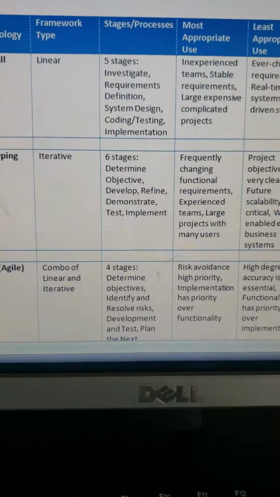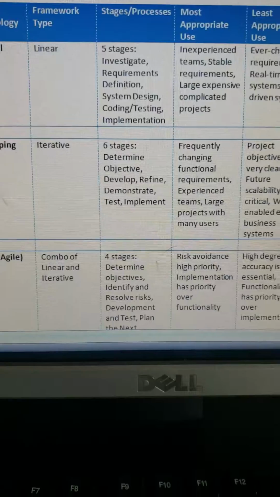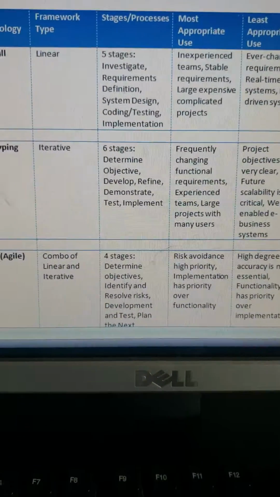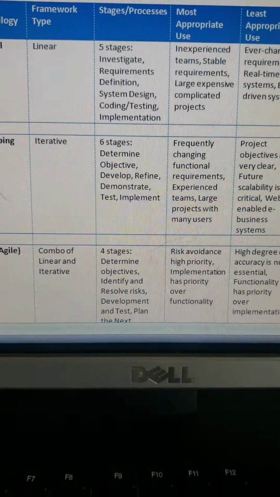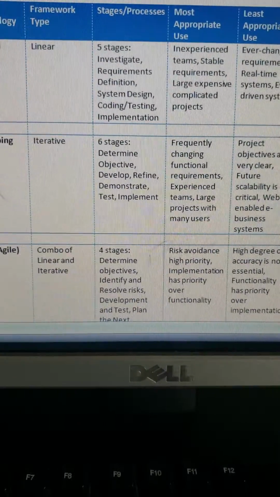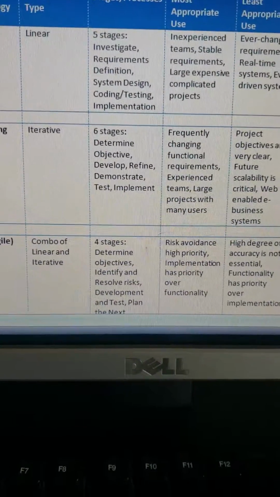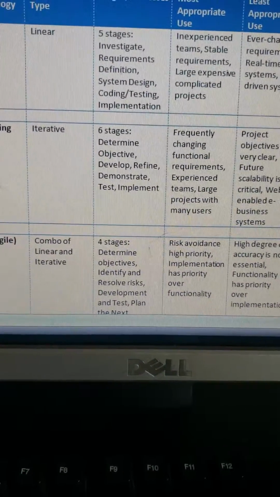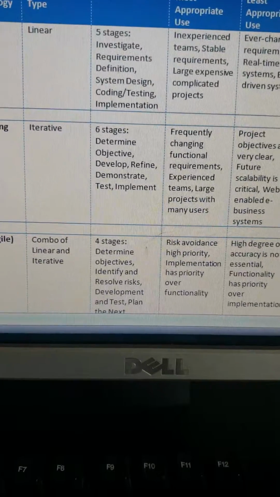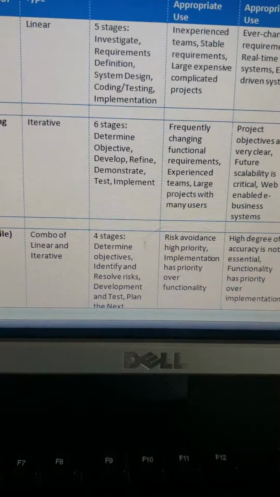Waterfall, the framework type, is linear. It has 5 stages, which are investigate, requirements definition, system design, coding and testing, and implementation. Its appropriate uses are for inexperienced teams because it has a lot of different checkpoints. You have to get different approvals at certain intervals before you can move forward.